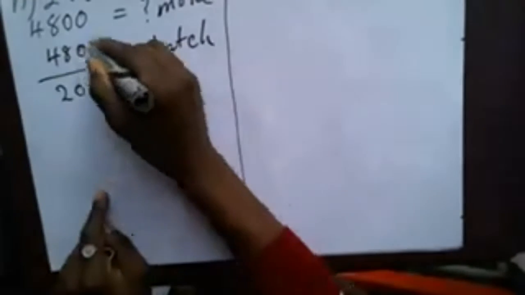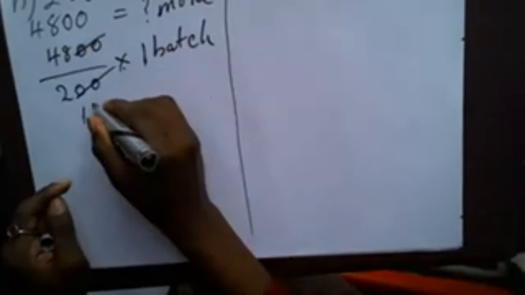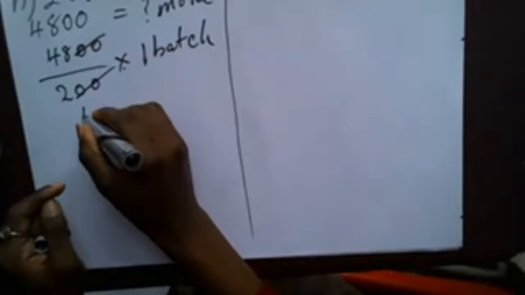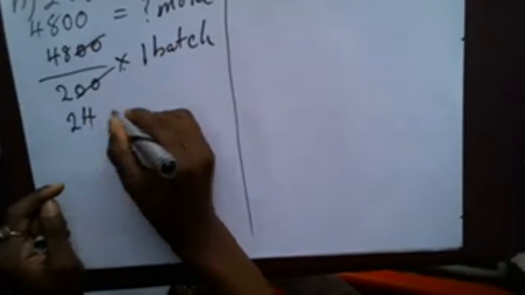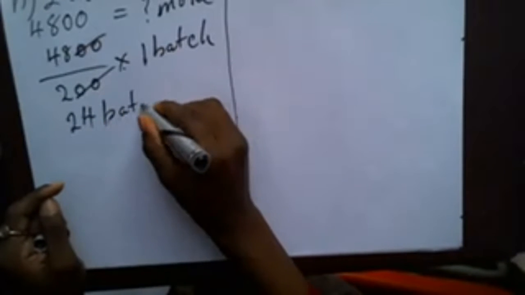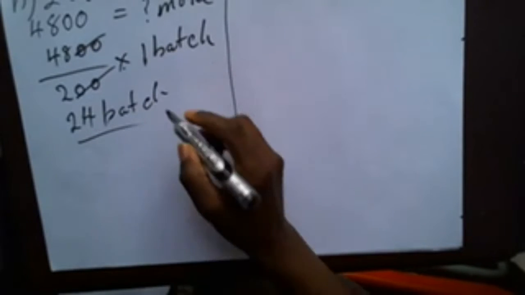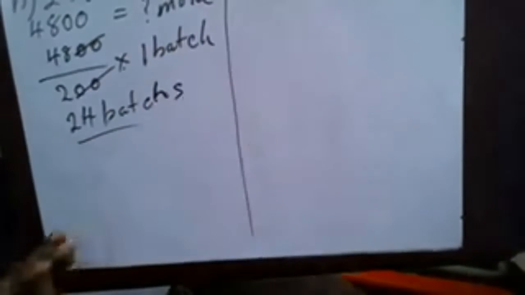Okay. These will cancel out. We're left with 24 batches. This is the number of batches that they will need to buy if they are sold in 200 batches. Okay, let's look at question C.